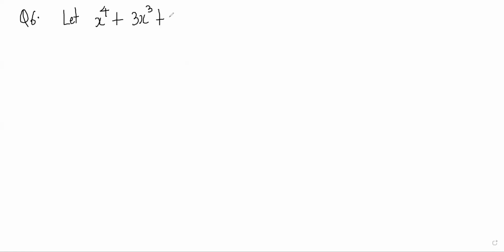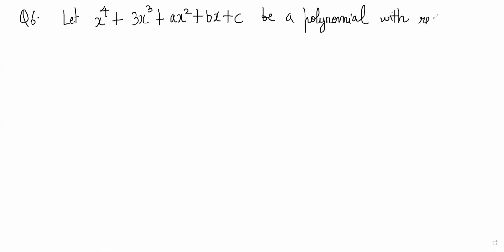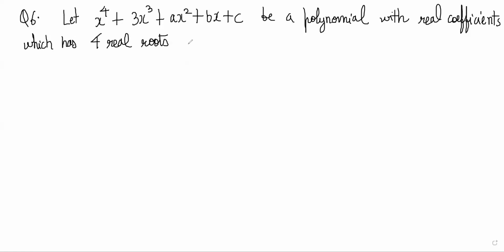Let x power 4 plus 3x cube plus ax square plus bx plus c be a polynomial with real coefficients, which has four real roots in the interval -1 to 1.